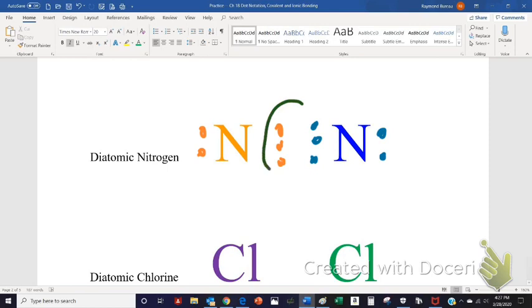So this sharing in between allows each nitrogen atom to use 3 valence electrons of its own, plus get the other 3 from the other atom, with the 2 that it has by itself on the outside. So both nitrogen atoms, because of covalent bonding, sharing electrons, both now have 8 valence electrons. All right, let's go to the chlorine. I have to scroll down a little bit to fit it on the screen.